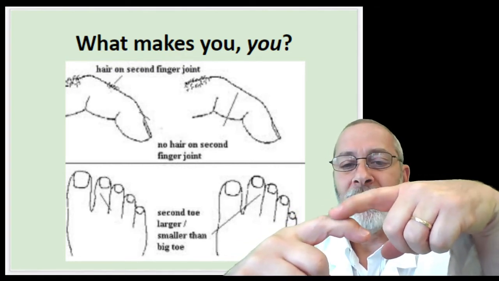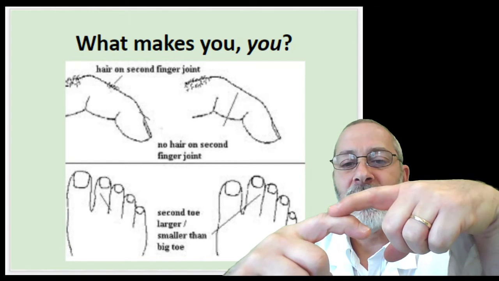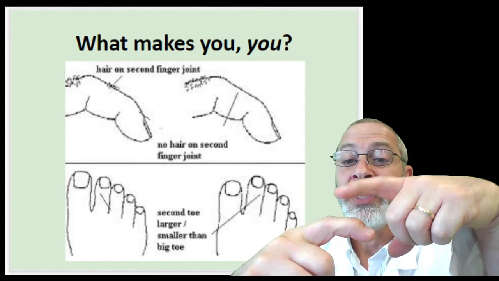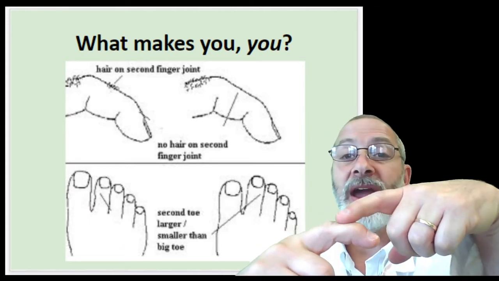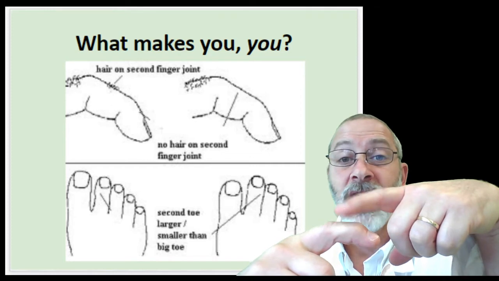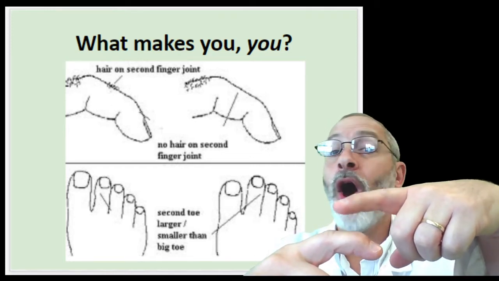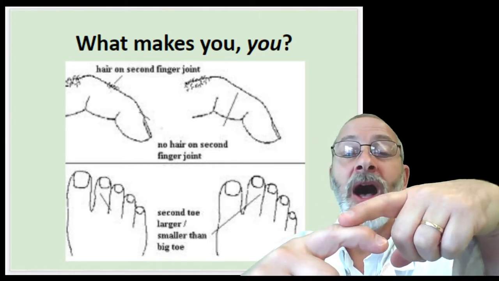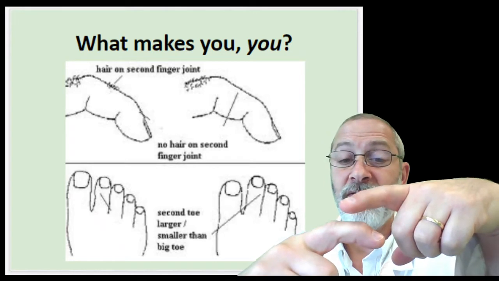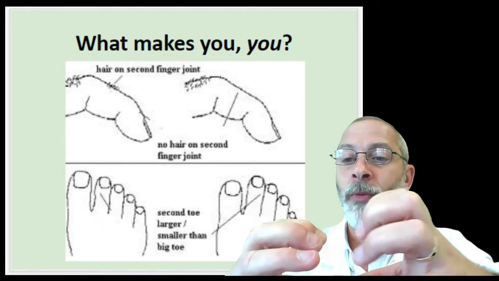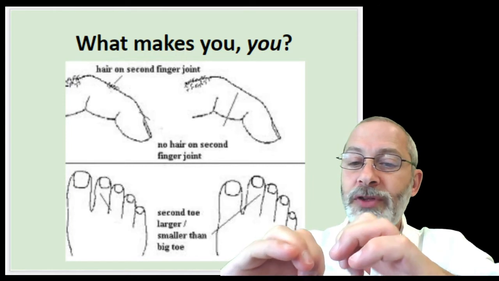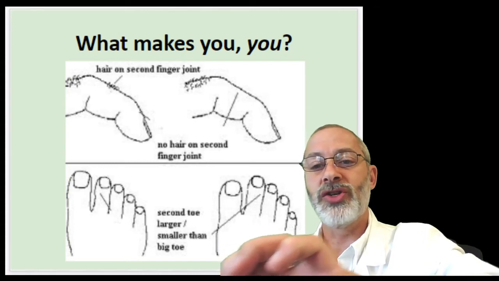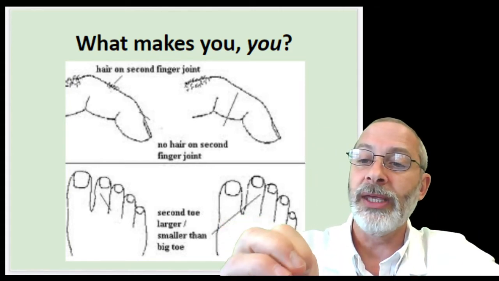But here's the weird thing. Some people have hair on their fingers' second joints and some people do not. In fact, some people have no hair on any of their second joints. Some people have hair on all of the second joints, and yet some folks have hair on some of their second finger joints. So take a moment to look at all of your fingers, at your second joints only.